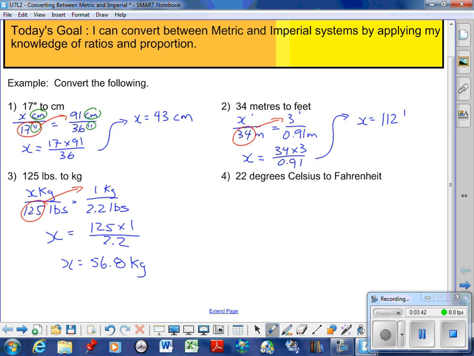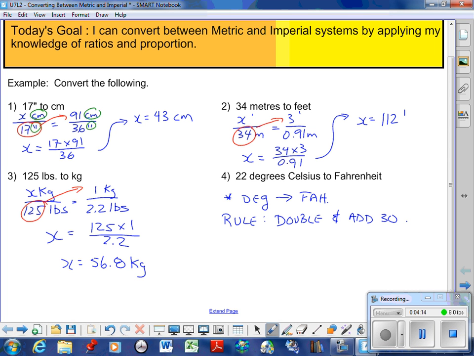Now temperature is a little bit different. If you have a friend up from the US and you want to explain how hot it is because they'll be accustomed to Fahrenheit, the rule for going from degrees Celsius to Fahrenheit is: double and add 30. I'm not going to give you the formula to do the calculation.